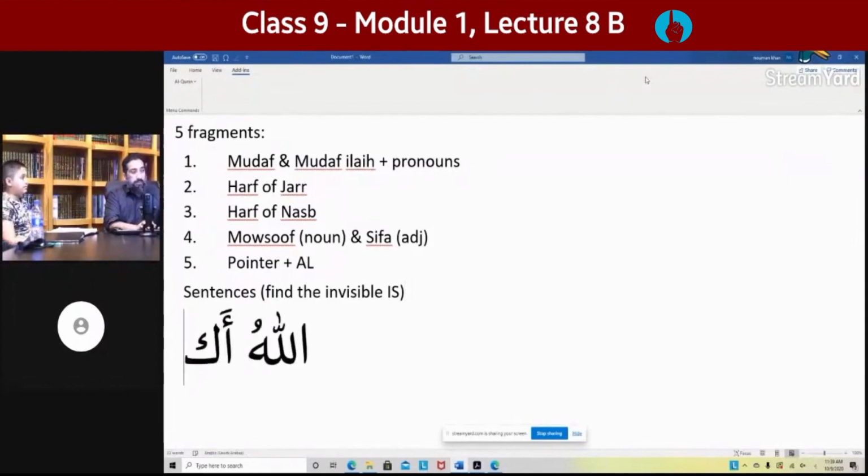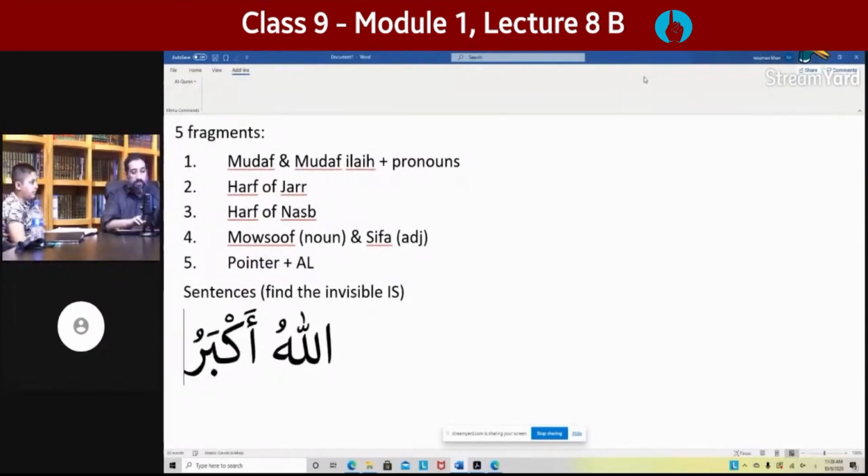Let's start with Allahu Akbar, because you hear that all the time. Now, how many fragments did you learn? 5. You have to see if these 2 words are any of the 5, so we have to go through the list. It can't be mudaf and mudaf ilayh because the word Allah is never a mudaf. So that one is gone.